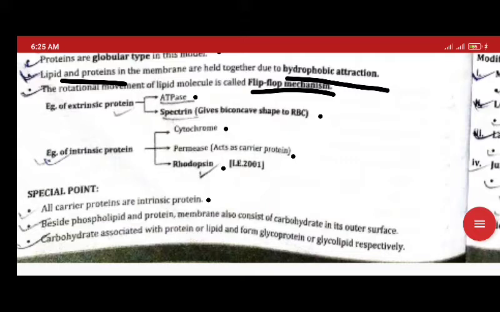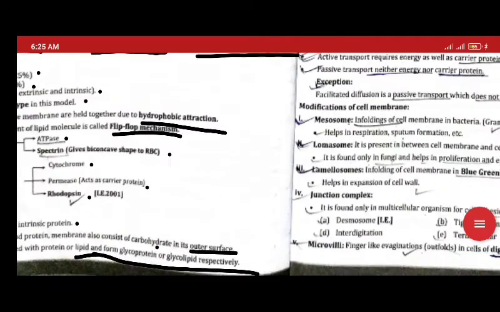Now the membrane also contains carbohydrates on the outer surface, in the form of glycoprotein or glycolipid.